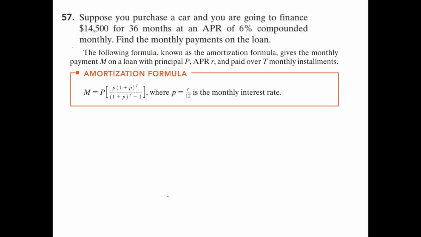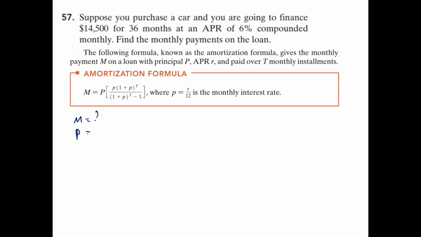M equals P times p(1 plus p) to the T, all divided by (1 plus p) to the T minus 1, where p is R divided by 12, the monthly interest rate. So typically what's advertised is the annual interest rate, and then in this formula, the monthly interest rate is what we need. So M is what we don't know. We don't know the monthly payment.